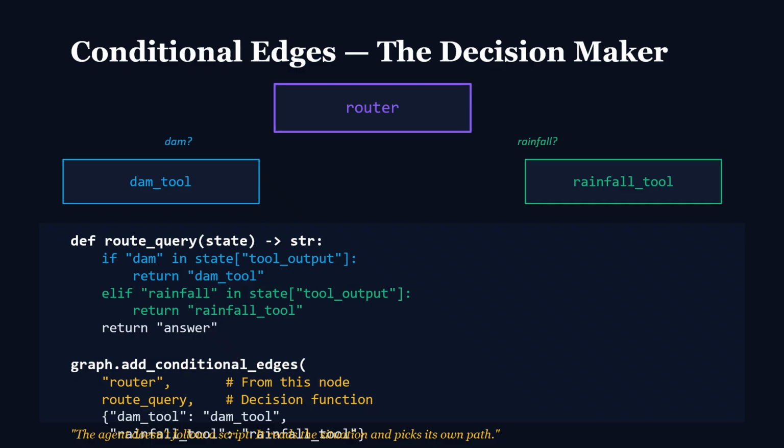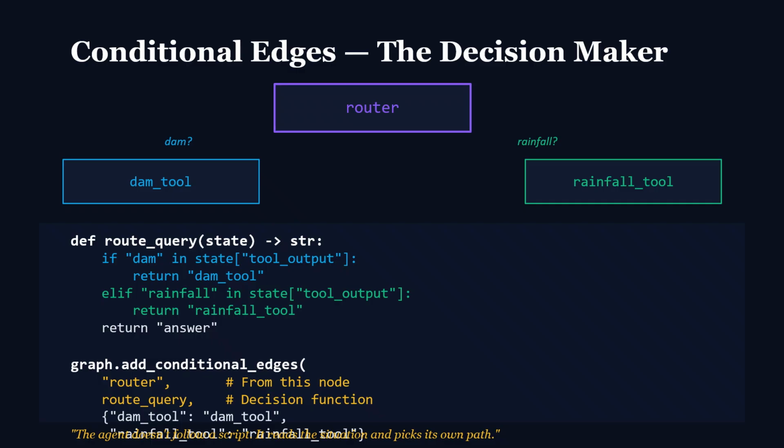Then we call graph.add_conditional_edges with 3 arguments. First, the source node, which is "router". Second, the decision function, which is route_query. And the third, a mapping dictionary that converts return values to node names.